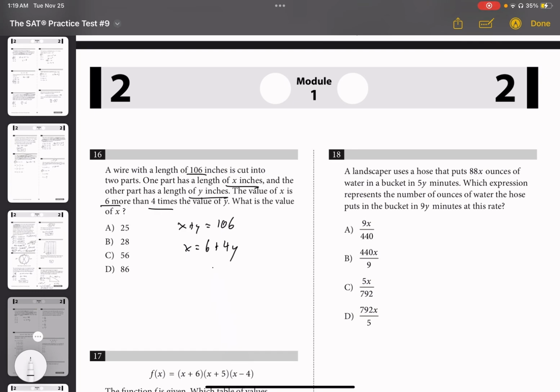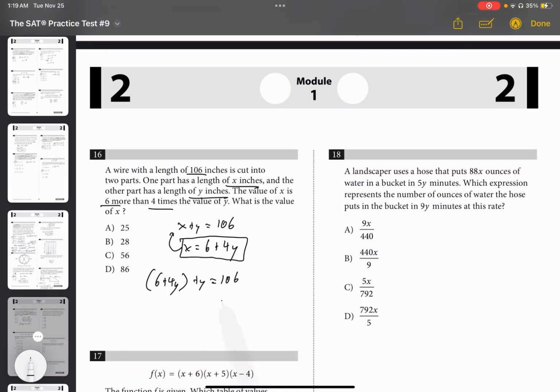Now what we need to do is find the value of x. So what I'm going to actually do is use substitution and then solve for the other variable. So this will give us 6 plus 4y when substituting that in for x, plus y is equal to 106.